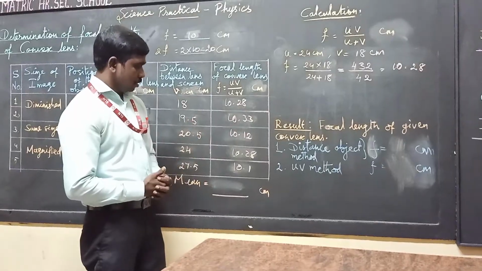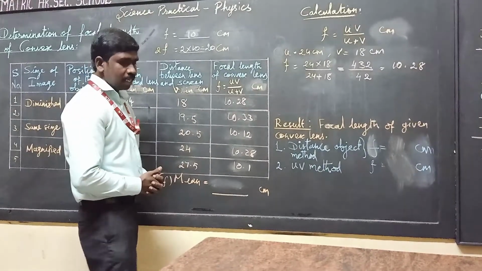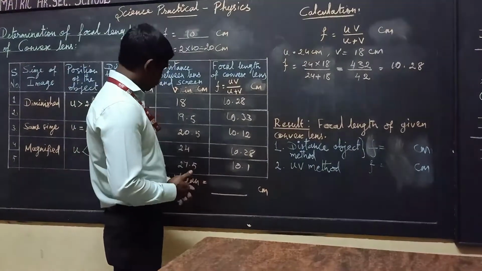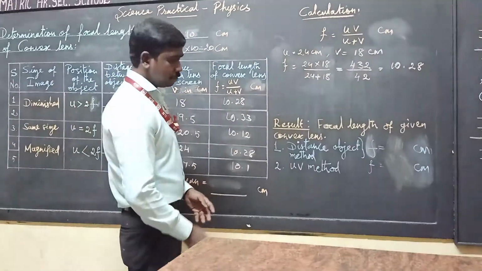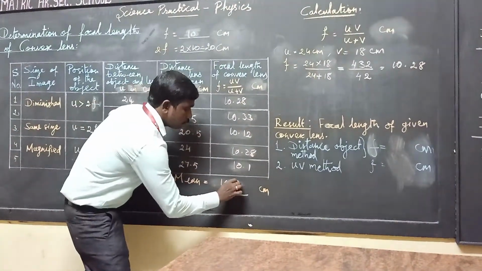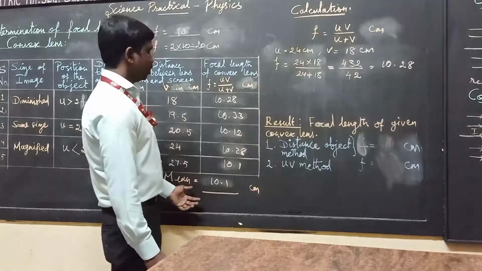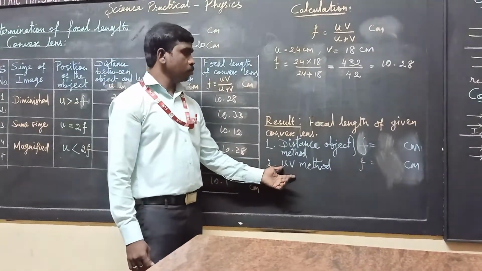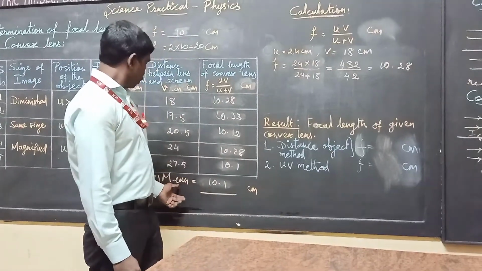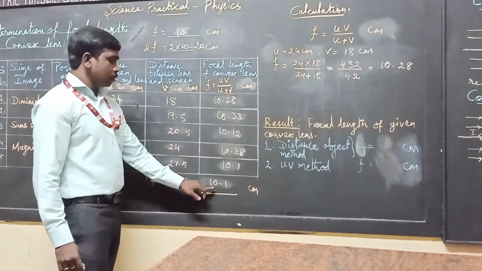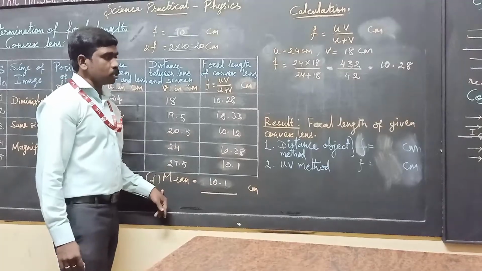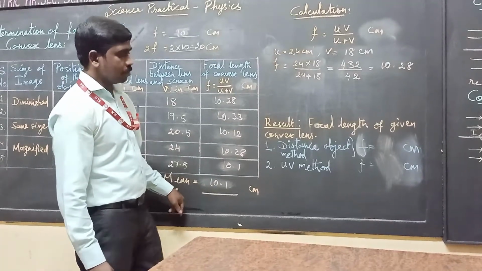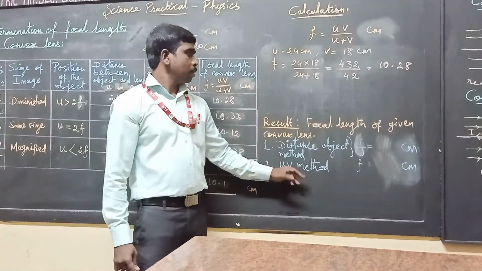After adding and dividing by 5, the value of F is equal to 10.1. 10.1 centimeter is the focal length of the given convex lens using the UV method.